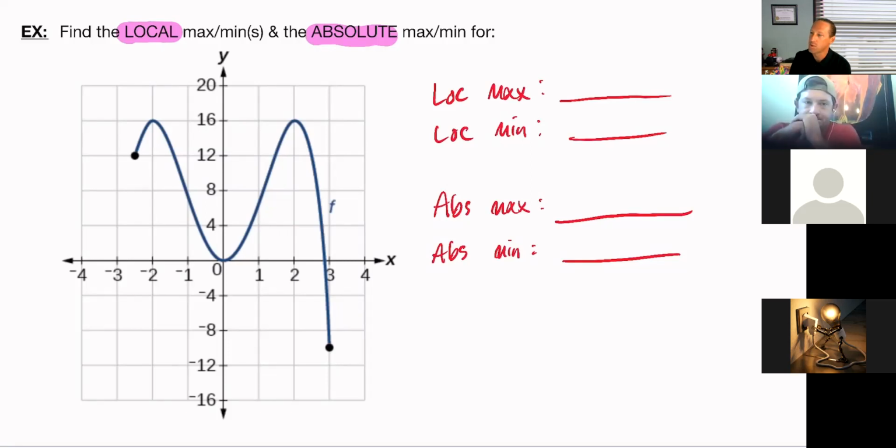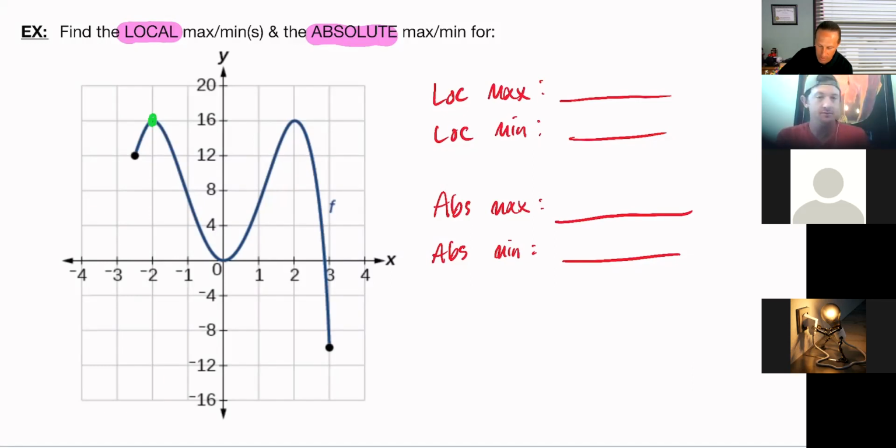What about the locals? Where should we be looking for those? 12. Oh, that's 16. That's the absolute. Good, there you go. The locals will always be found at those peaks and valleys, those humps in our graphs.